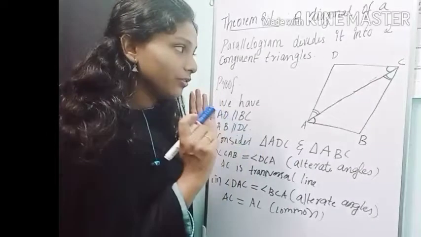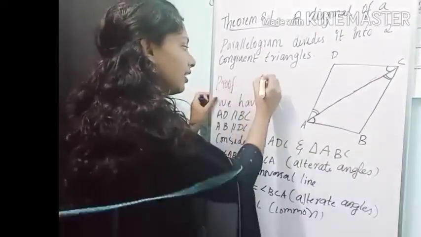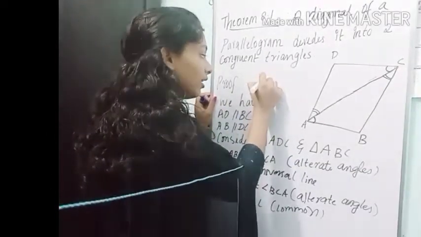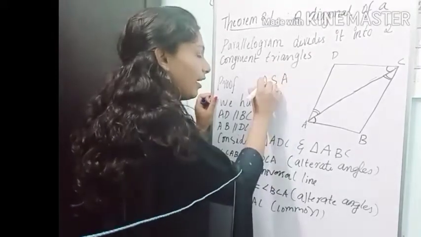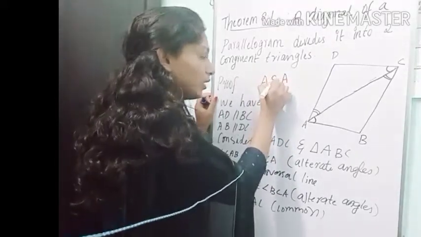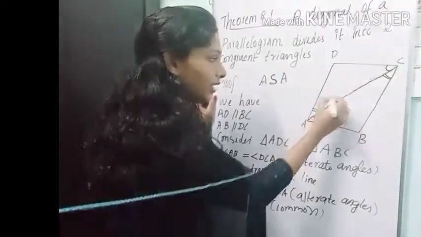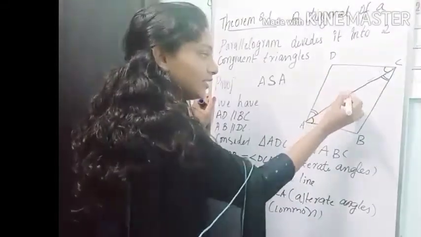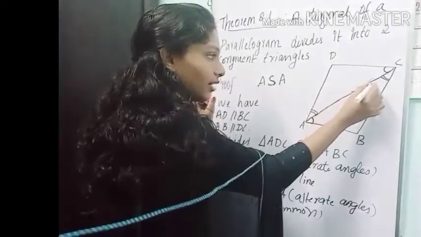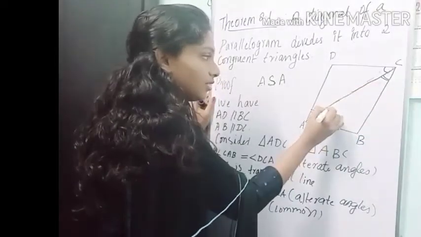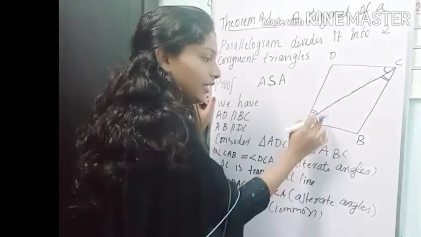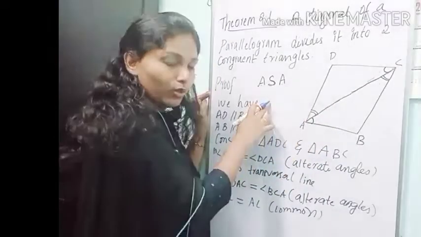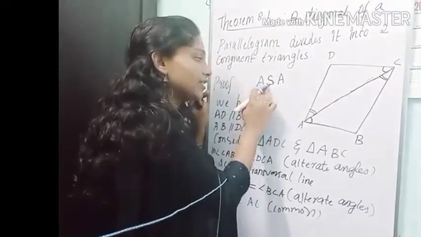So we use ASA, angle and included side. So this angle and the included side of triangle ADC are equal to this angle and this side of triangle ABC. So we use ASA as a rule.